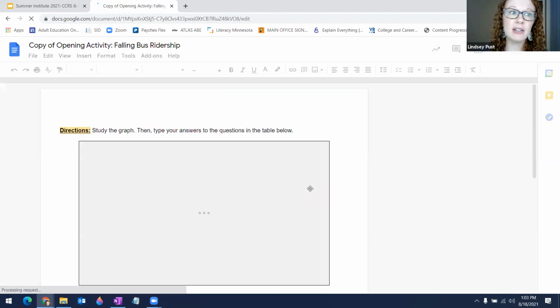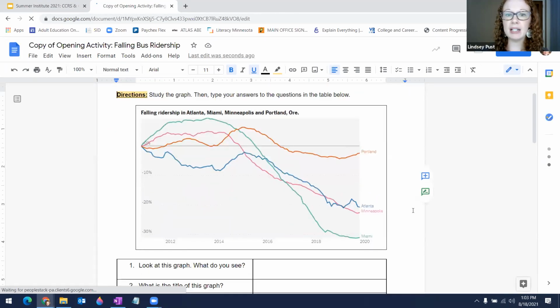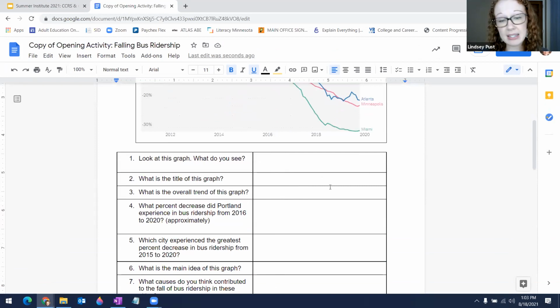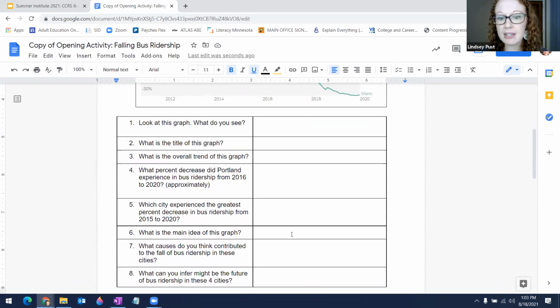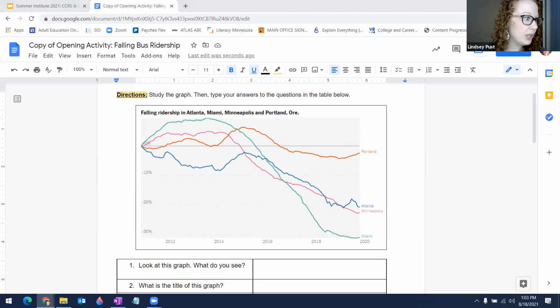This is to give you a chance to get familiar with this graphic, because you will see this graphic again later in the presentation. So here's the graphic, and then there are some questions. Because this is your own copy, you can type in this. You won't have time to answer all the questions, but you will have time to get a little bit familiar with what is happening. So here is that link. You can all click on that, and we'll take about 4 minutes to just get familiar.